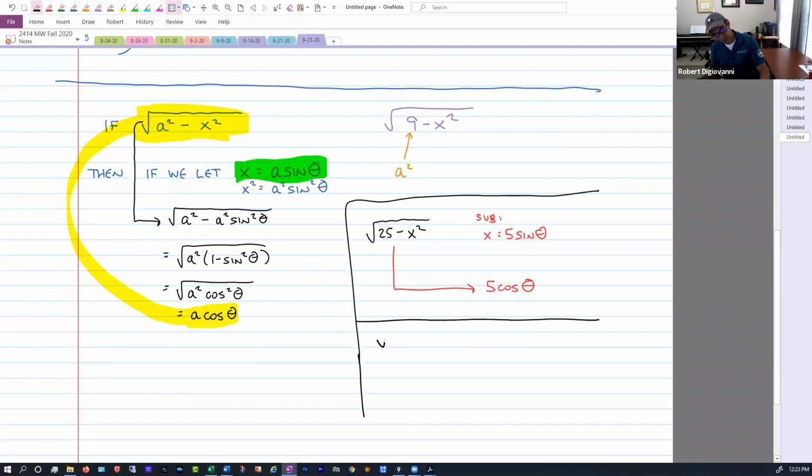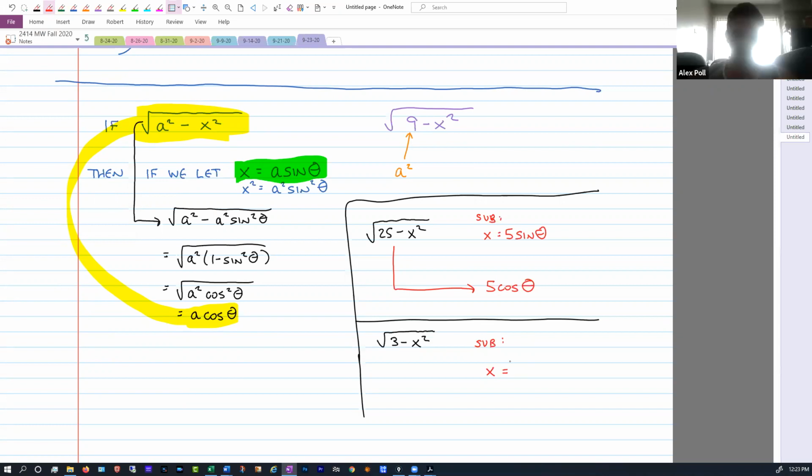What about this one? What if we have square root of 3 minus x squared? Then what's the substitution? This one's a little tricky because I've been giving you perfect squares, haven't I? 9, 25. Would it just be root 3 sine theta?